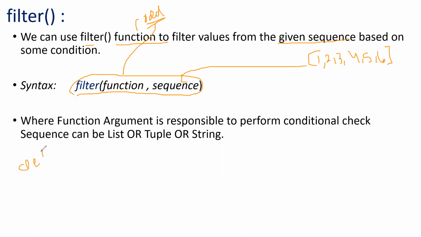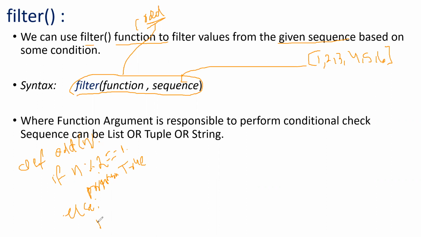So we are going to write define odd. The function name is odd and n is the parameter, and if n percentage 2, which gives the remainder, equals 1, then return true, else false.